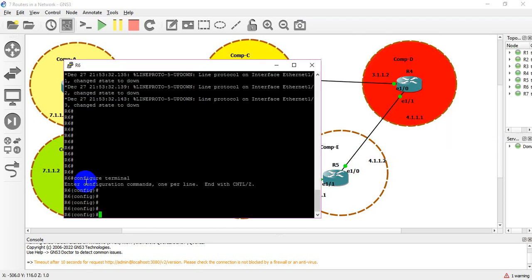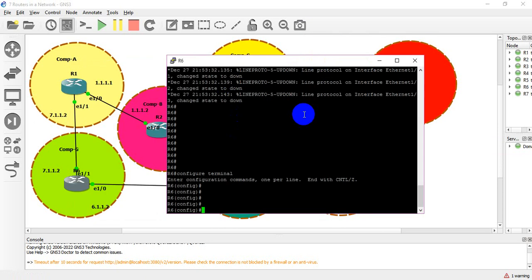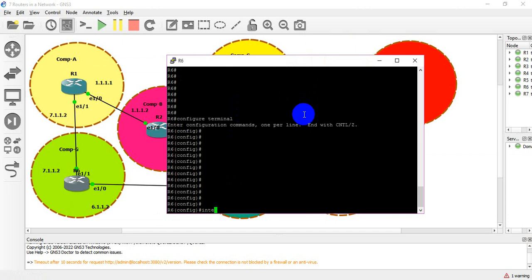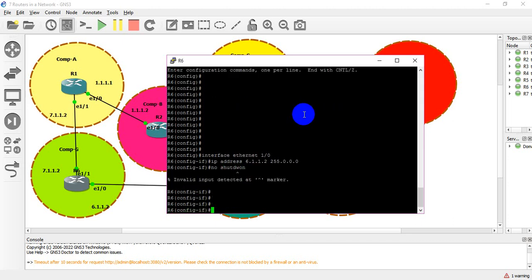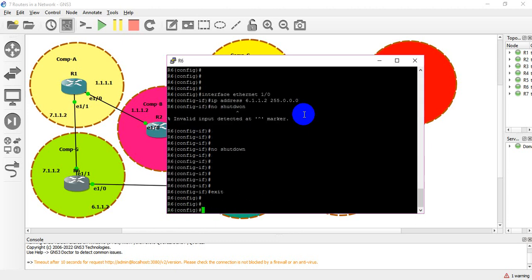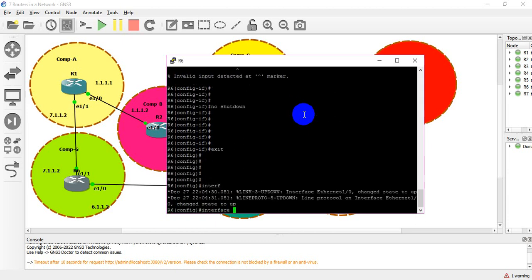Now let's configure the last router, company G. Same procedure. And as you can see, the result changes state to up.